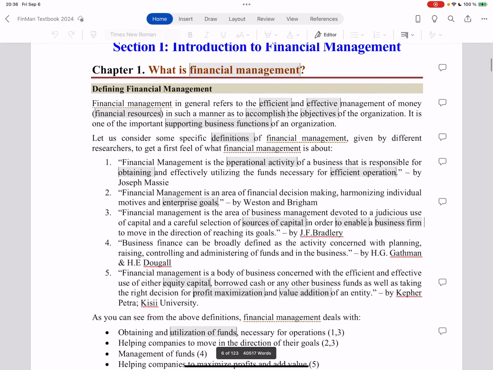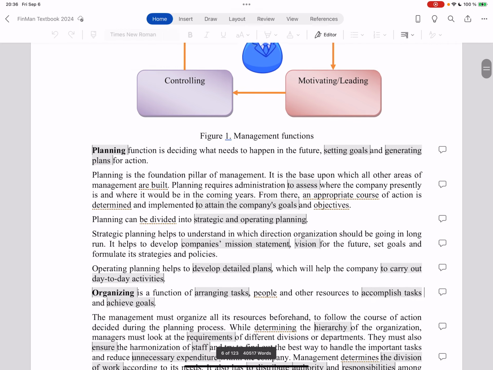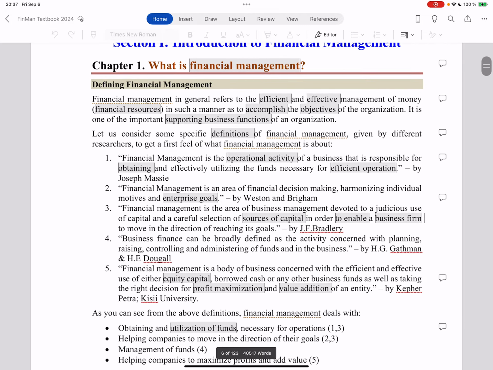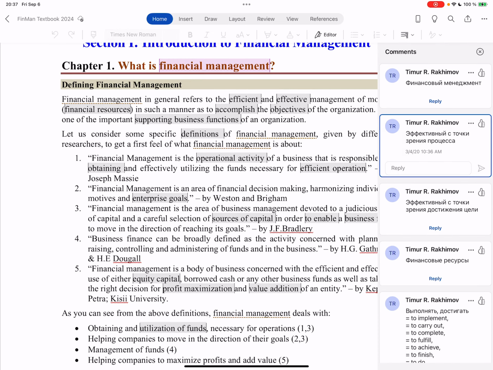But we are not going to study the material itself. You can read the material from this study book. My focus will be not the material itself, but some extra ideas that will come from the terminology that we have in this study book. For example, you have the highlighted terminology, like the words financial management, efficient, effective.